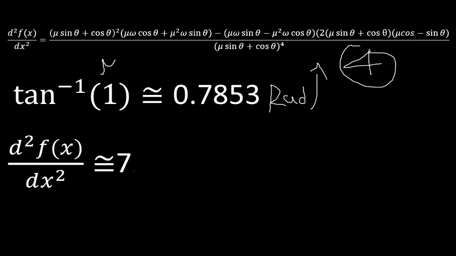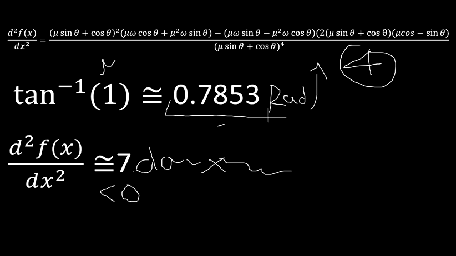This has a lot of decimals over here, and we don't really care about this. We only care that it's more than 0. So we know that when the angle is approximately 0.78 radians, you have a minimum. So this is it, that's all.